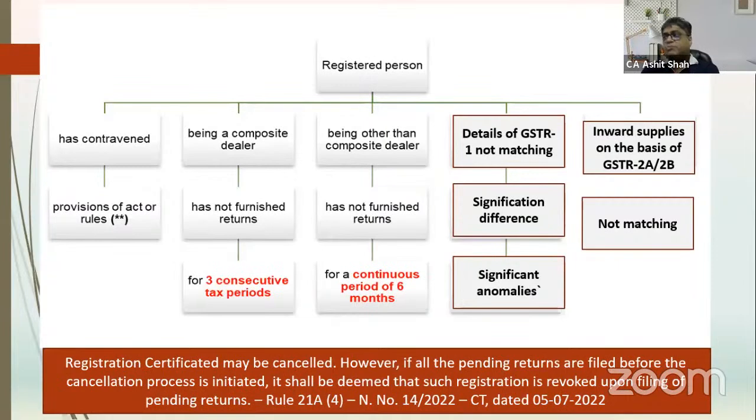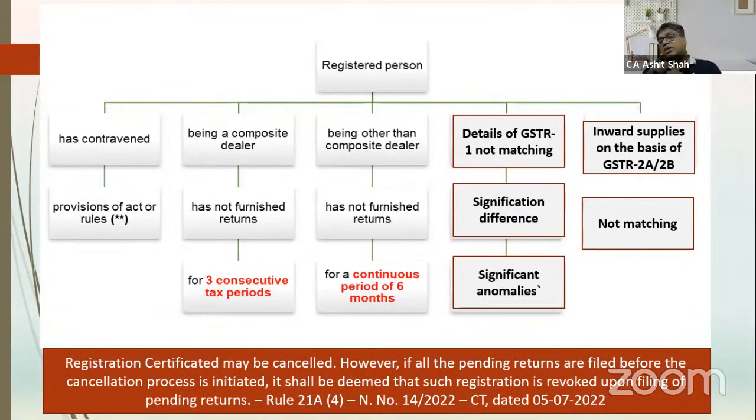Now a relaxation has been provided that if the registration certificate is cancelled due to pending returns, then the taxpayer, if he files the return before the cancellation process is concluded, then in that case the registration certificate is revoked upon the filing of the pending return.